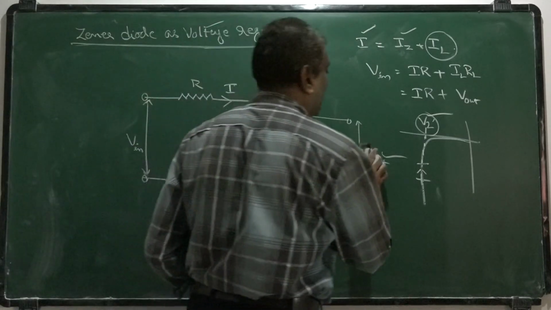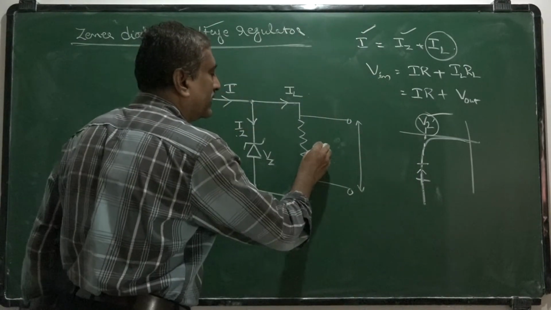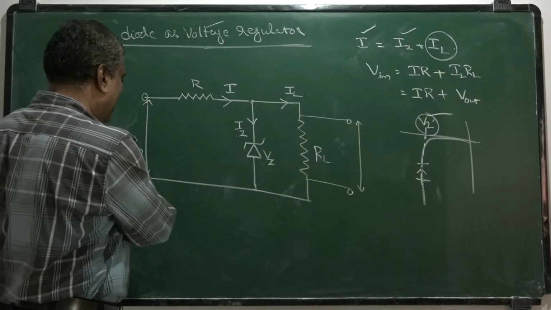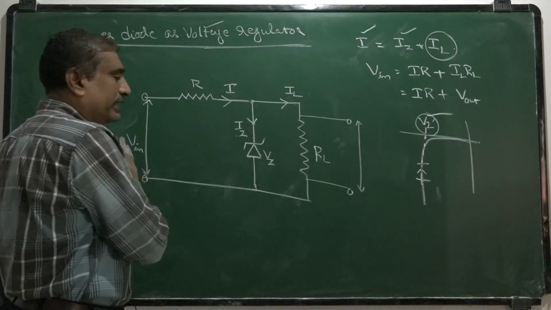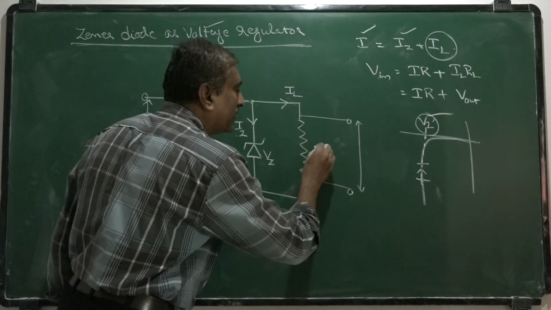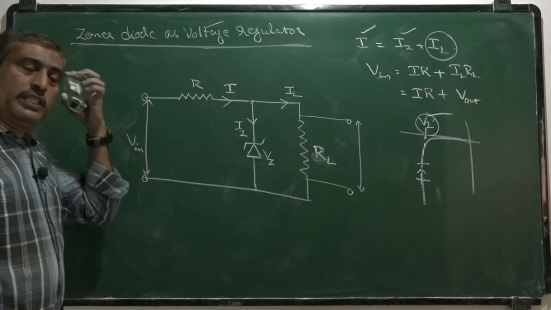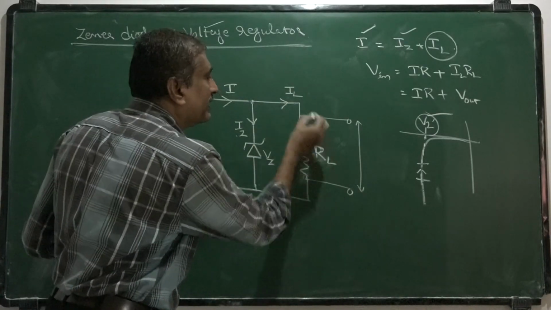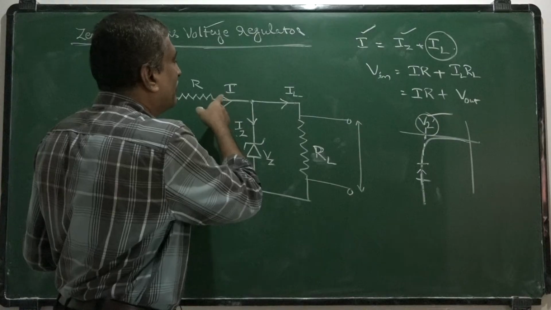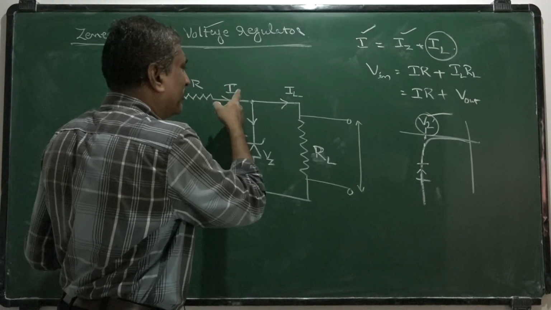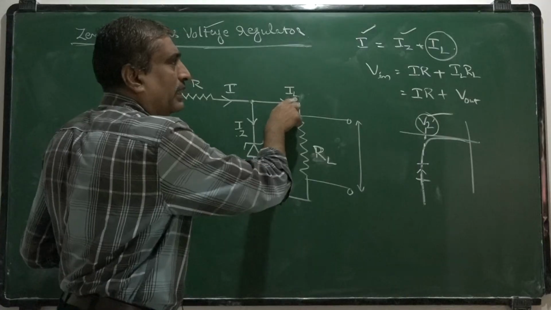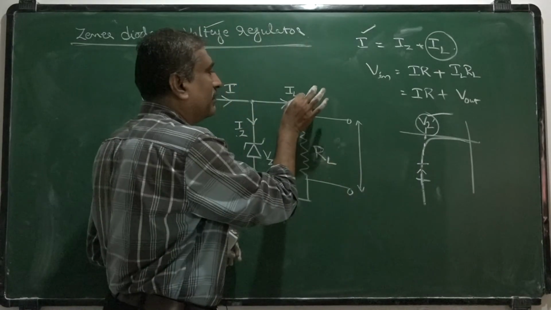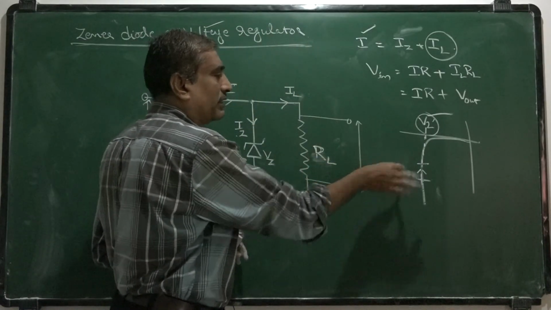Now in the second case, consider the reverse situation, where the input voltage is constant but there is a variation in the load. If RL increases, the load current IL has to decrease, but IL remains constant because IZ decreases, so ILRL remains constant.